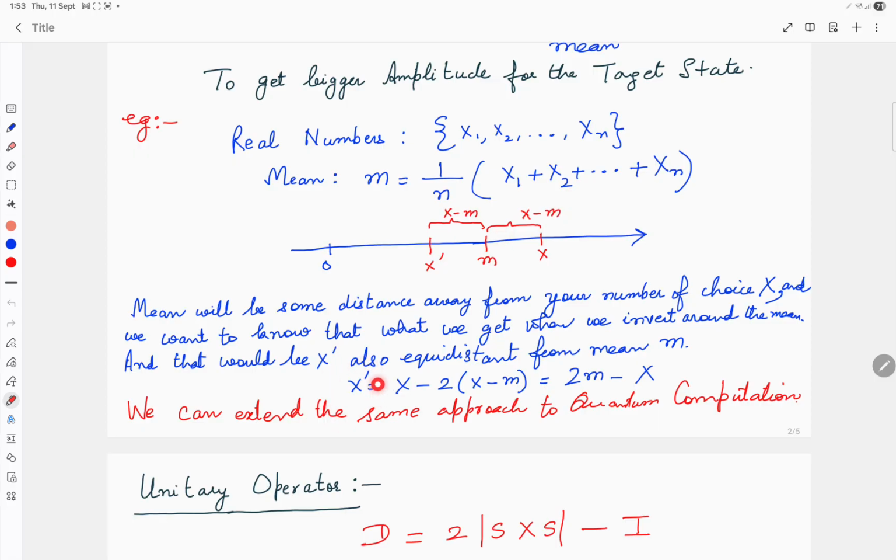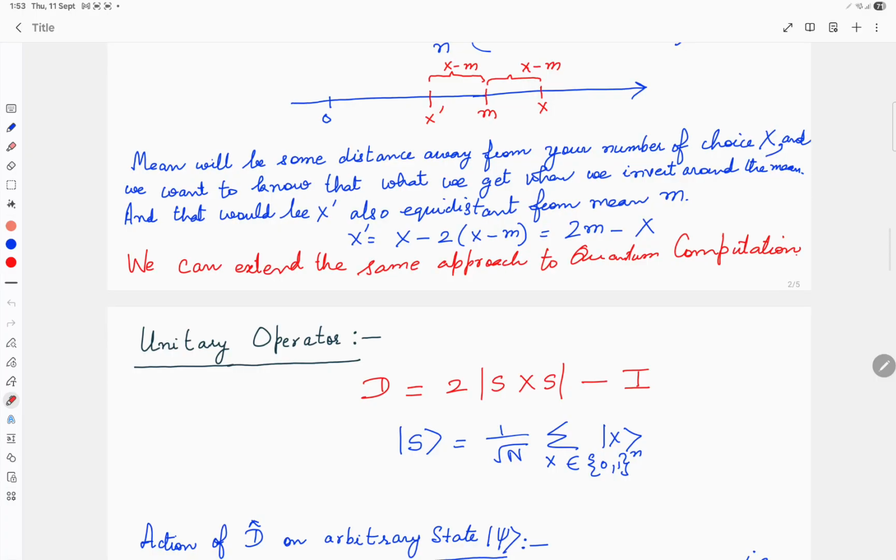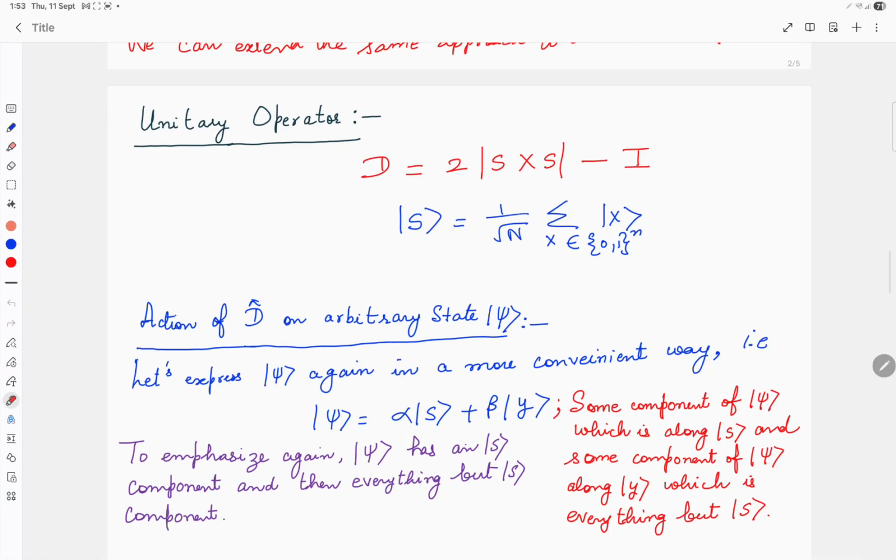And if you calculate x dash, you will find that it comes out to be 2 times mean minus x. Now this is known as inversion around the mean. We can extend the same approach to quantum computations. So let's look at the diffusion operator doing the job of inversion around the mean.